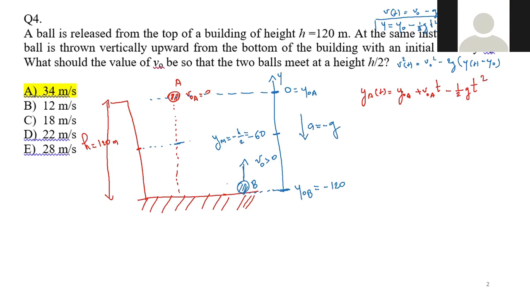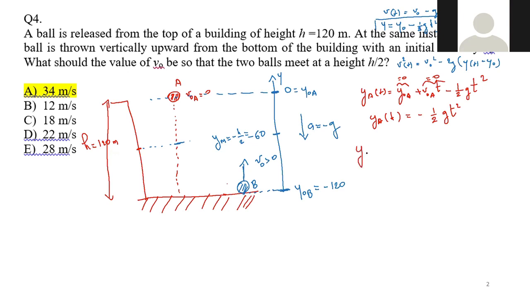So Y naught A, I took it as my origin, 0. V naught A is given by the problem as 0 because I release it, meaning from rest. So I have YA at any time is just minus half GT square.